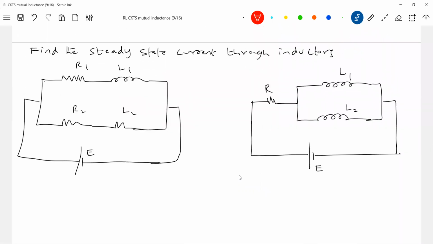Read the problem, get into the problem. It's asking for the steady state current through the inductors. First, in the first diagram, you manage. Looking at the first diagram, write the equations.